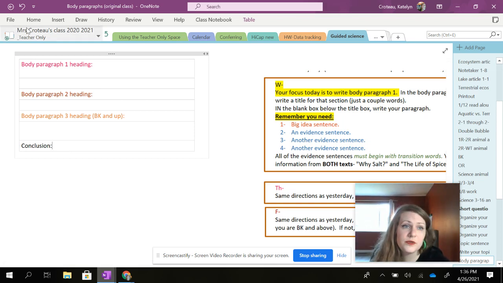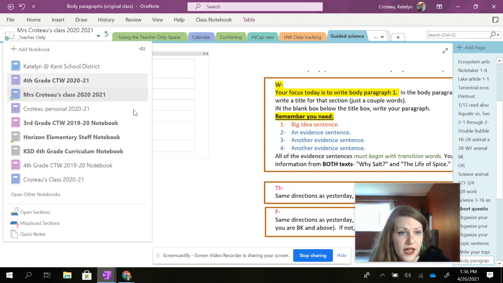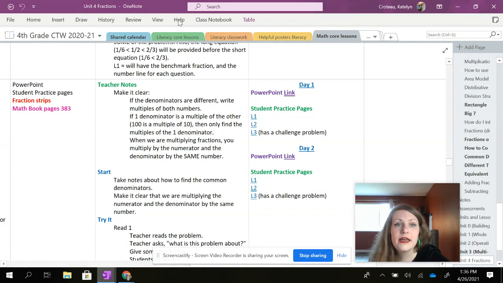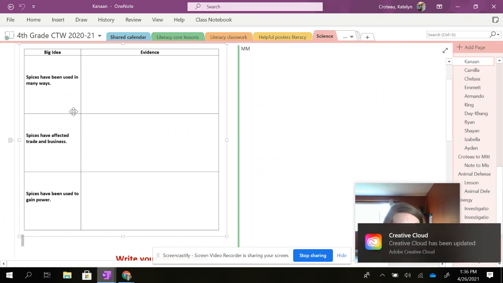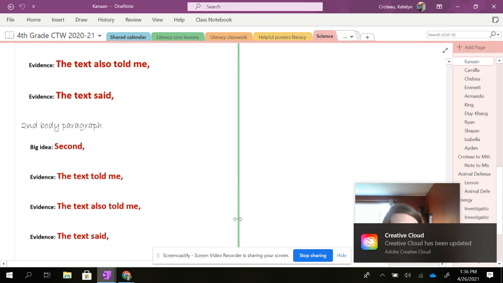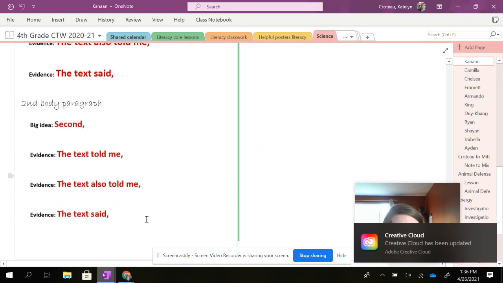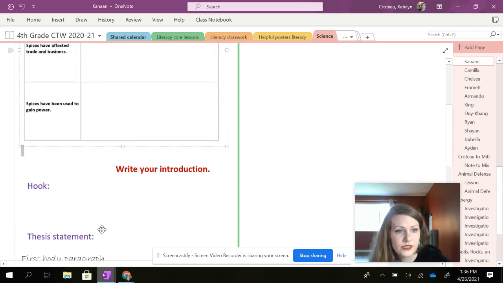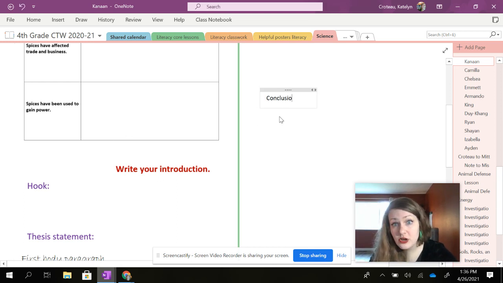If you do not, and you're using the one from Ms. Mittag's class, that looks more like this. I believe at the bottom, no, she does not have a conclusion on here. So you could write it below all your boxes. You could write it on the side. Just make me know where it is. Help it be clear for me. So if you're writing a conclusion over here, then maybe you should say conclusion and then write it.